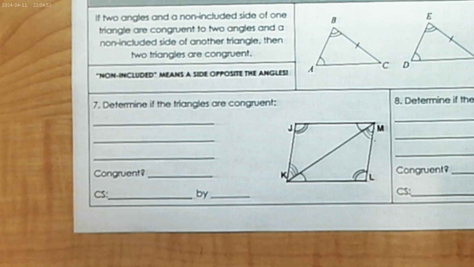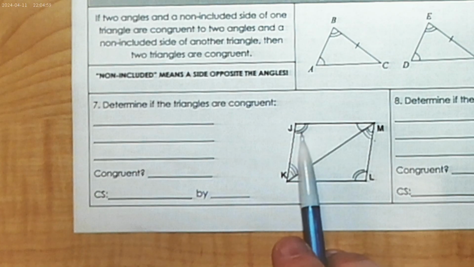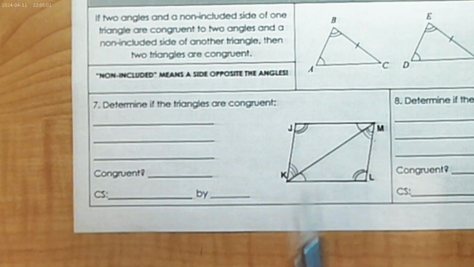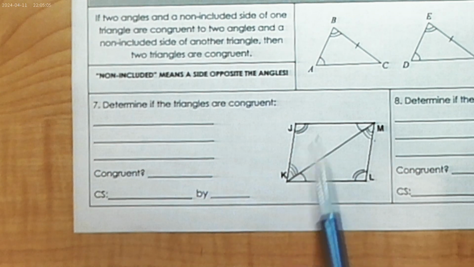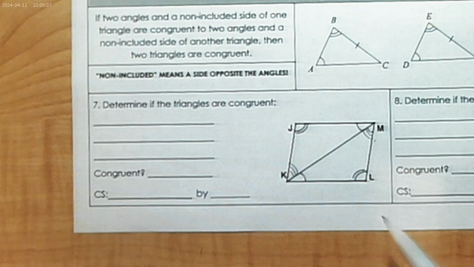So in order to determine if the triangles are congruent, I see two angles and then a shared side. Two angles and a shared side tells me angle, angle, side.